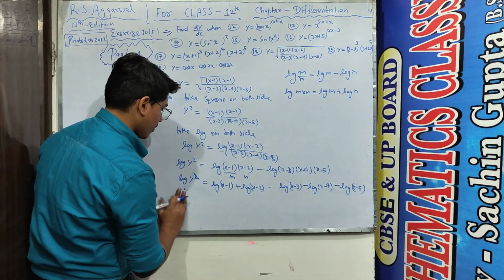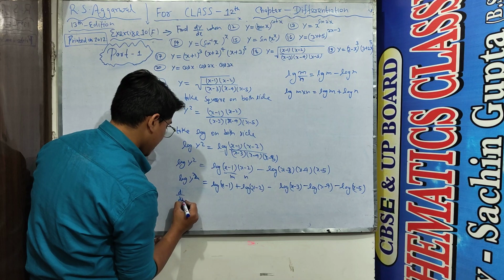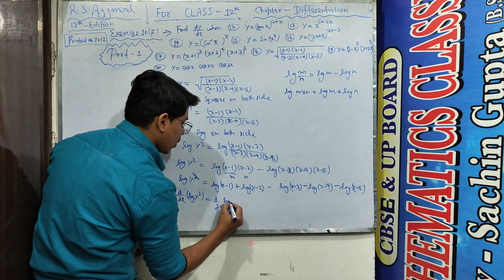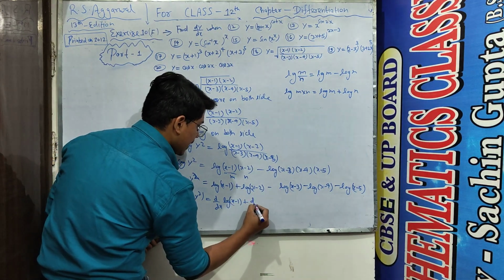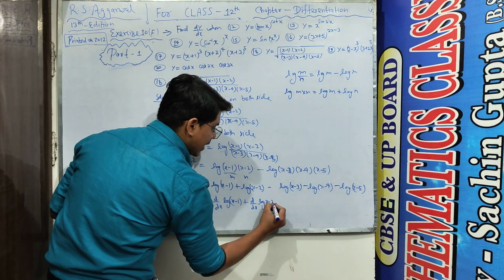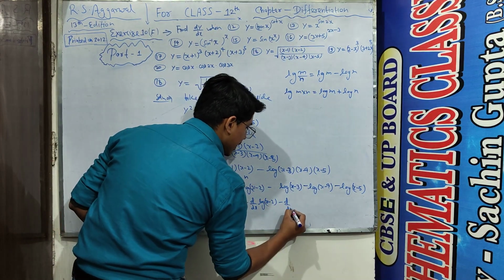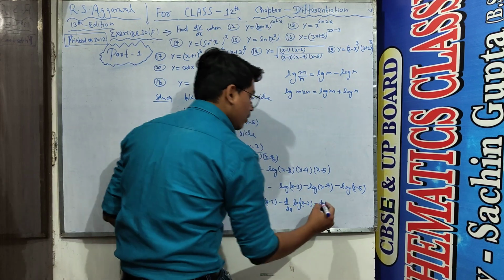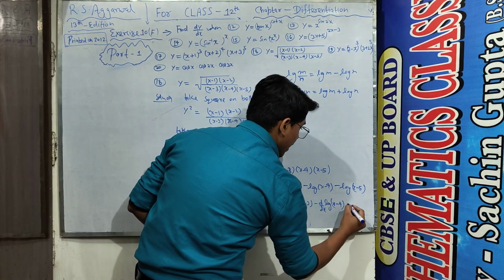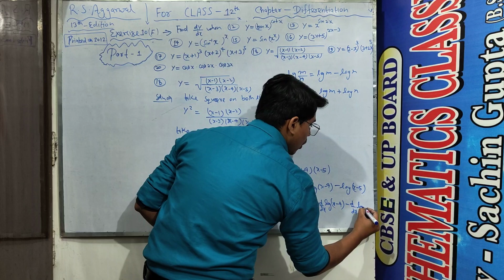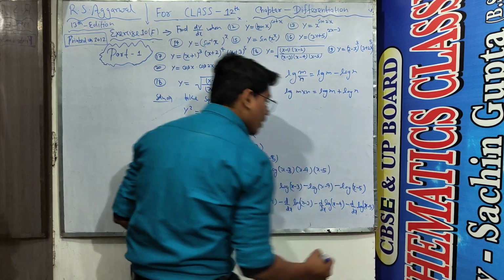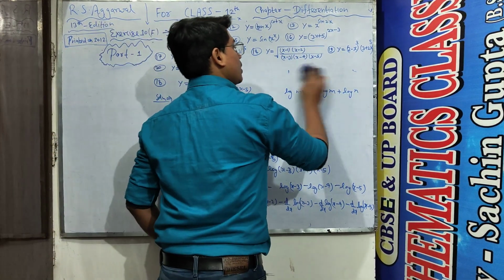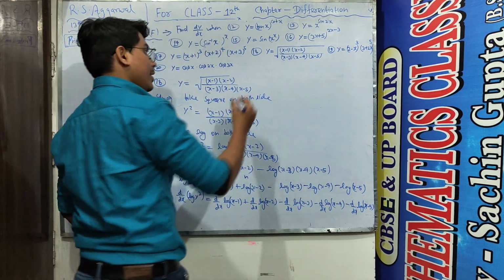So I differentiate it: d by dx of log y square, d by dx of log x minus 1 plus d by dx of log x minus 2 and minus d by dx of log x minus 3 and minus d by dx of log x minus 4 and minus d by dx of log x minus 5. And now student, I differentiate all these values.